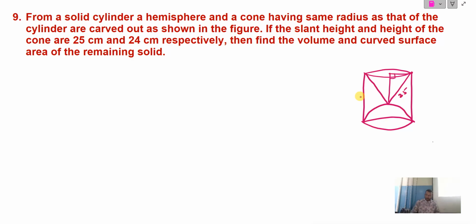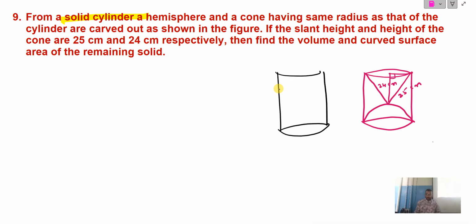The radius of the cylinder is the same as the radius of the hemisphere and the cone. Carved out means we are removing that much space from the cylinder. From the cylinder we are removing that much area. How much area are we removing? We are carving out one hemisphere and one cone.